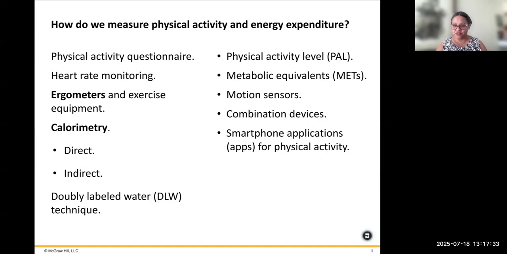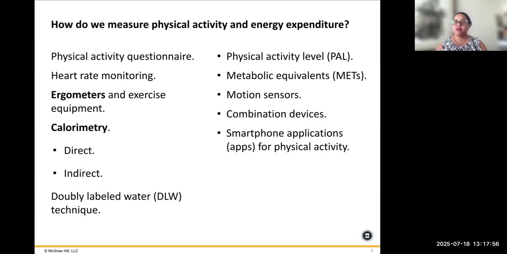So doctors, nutritionists, they always do a physical activity questionnaire. Are you physical? How much physical activity do you do during the week? These things, heart rate monitoring, ergometers and exercise equipment, calorimetry can measure calories either directly or indirectly. The doubly labeled water technique is actually fairly important.